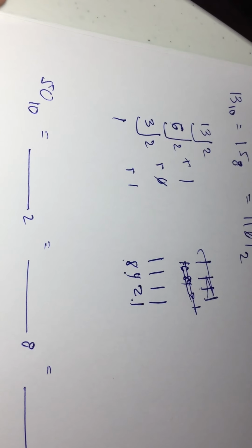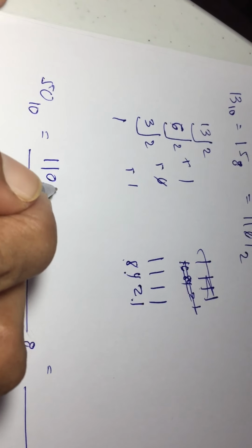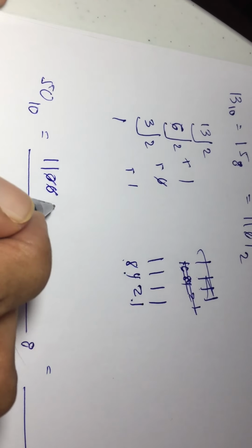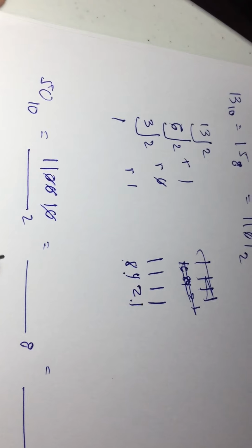So, 32 plus 8, 40. Di pwede. 32 plus 16, 48 na to. Kung 48 na yan, plus 2. Ayun. Kaya nga, 32 plus 16 is 48, plus 2 is 50. So, this is 1, 1, 0, 0, 1, 0. Okay?